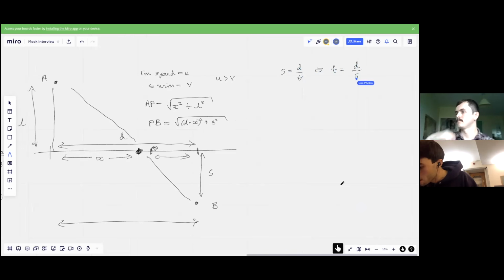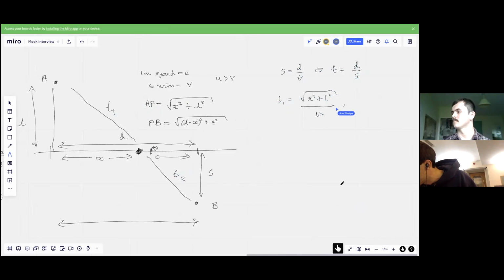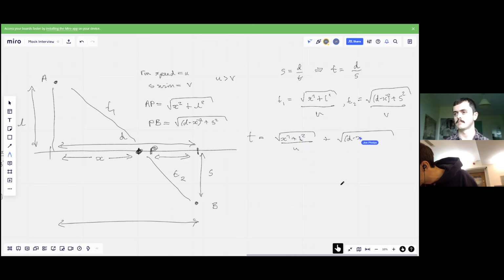If I call the time on the land T1 and the time in the sea T2, I get that T1 is root of x squared plus L squared over u, and T2 is root of D minus x squared plus S squared over v. So the total time T is going to be the square root of x squared plus L squared over u, plus the square root of D minus x squared plus S squared over v.